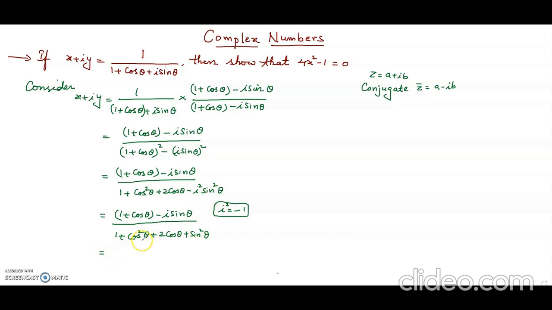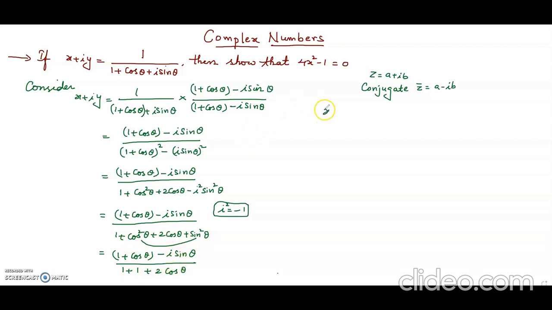And we can make use of the identity here and write cos square theta plus sin square theta as 1. So once again we need to keep the numerator as it is, 1 plus cos theta minus i sin theta. Denominator: we already have 1, cos square theta plus sin square theta according to the identity is 1. So this is 1 plus 1 plus 2 cos theta.